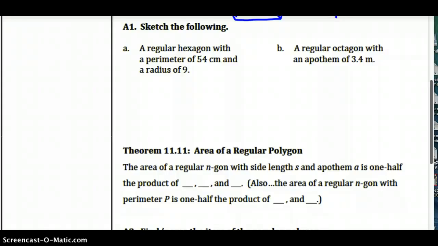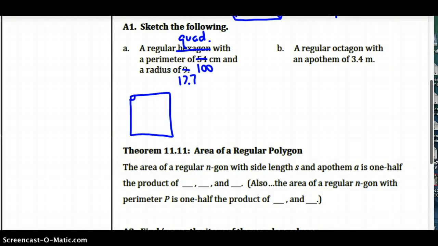Now, for us to sketch these, this is different than what you have on your notes. You have a regular quadrilateral with a perimeter of 100, so let me fix this. Regular quadrilateral and a radius of 17.7. Sorry about that. Regular quadrilateral, 4 sides. This is really going to be a square.